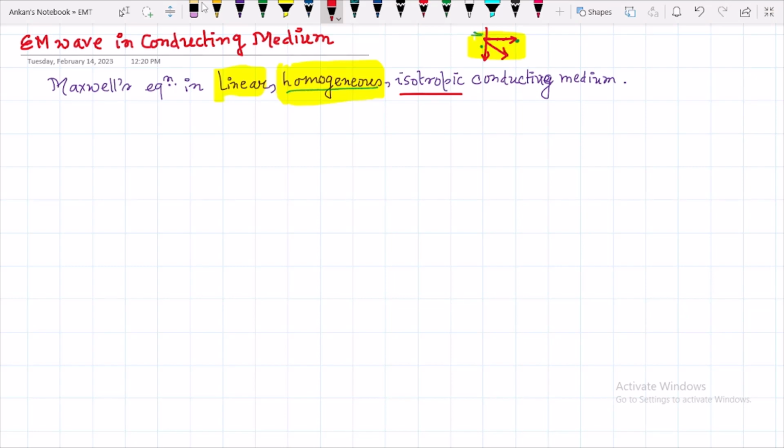So the term isotropic has been introduced here, and our main purpose is to solve Maxwell's equations in conducting medium, so obviously we have to consider the conducting medium. The explanation regarding these terms has been discussed. Now let's proceed.